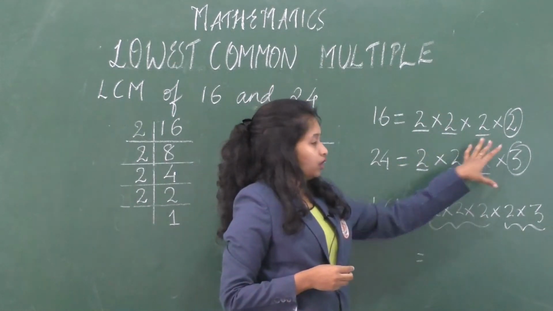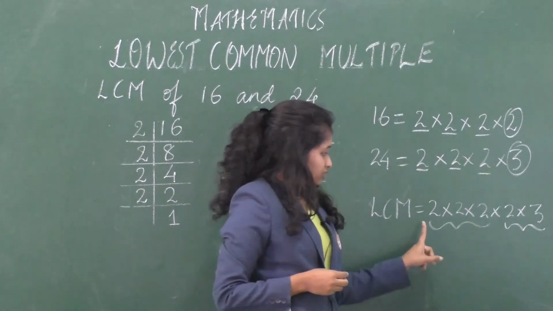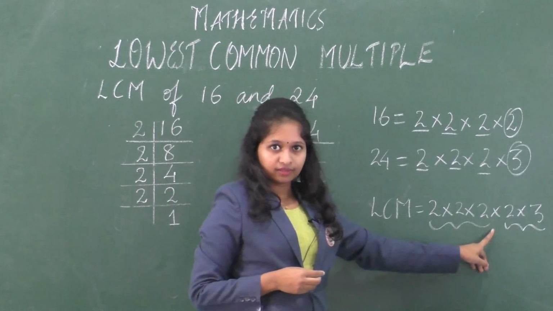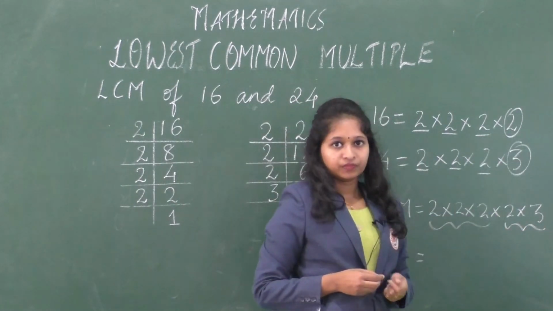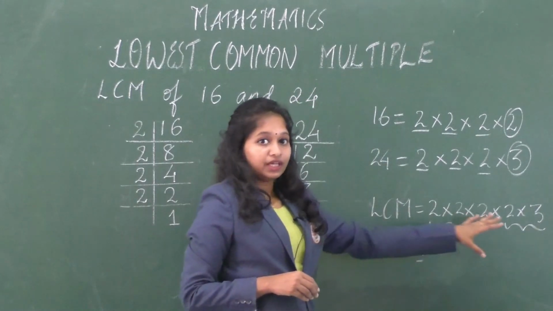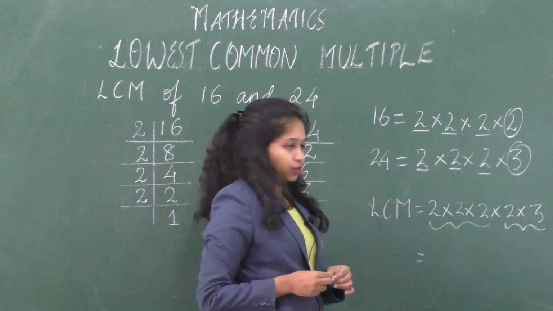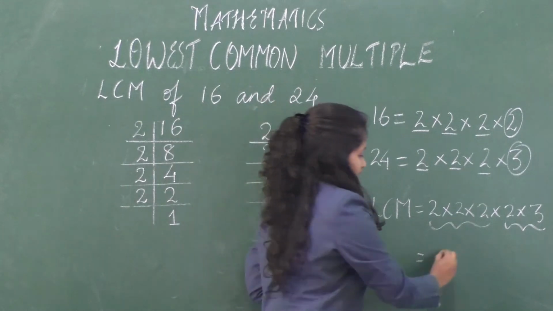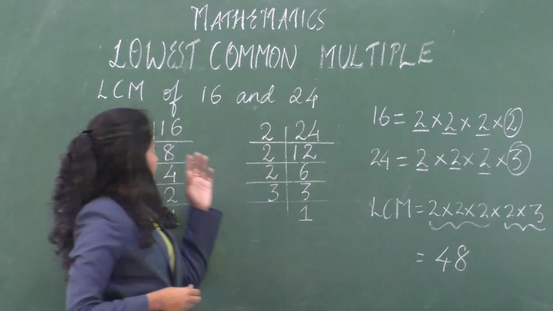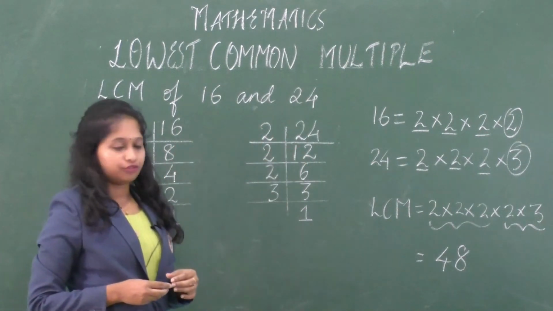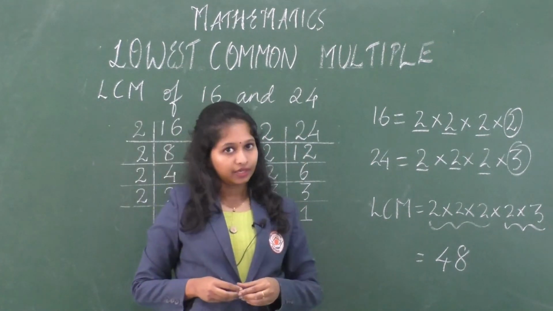So write all these common factors once, then write the uncommon factors 2 into 3. Now multiply all the values, you get 48. So the LCM of 16 and 24 is 48.